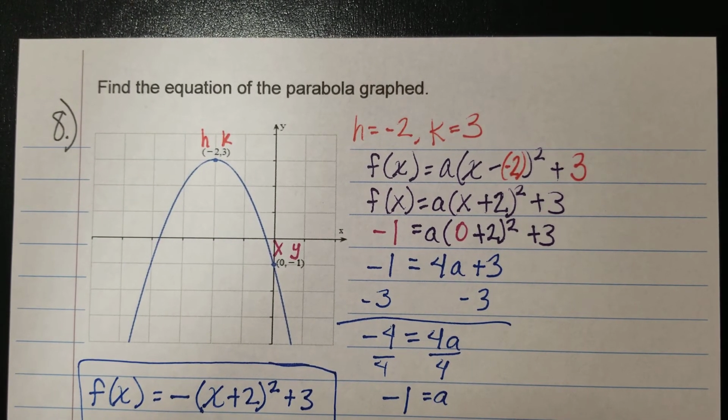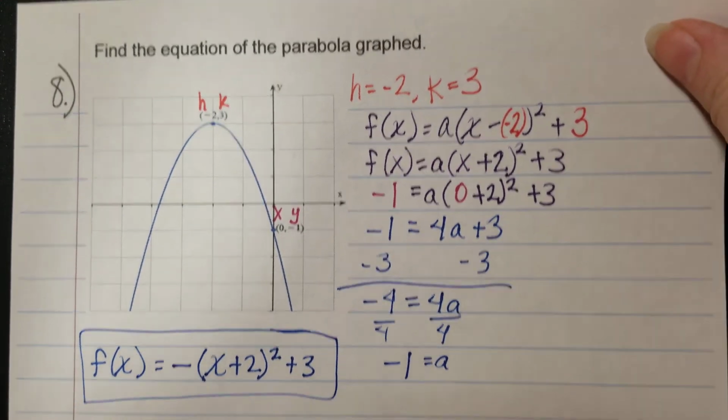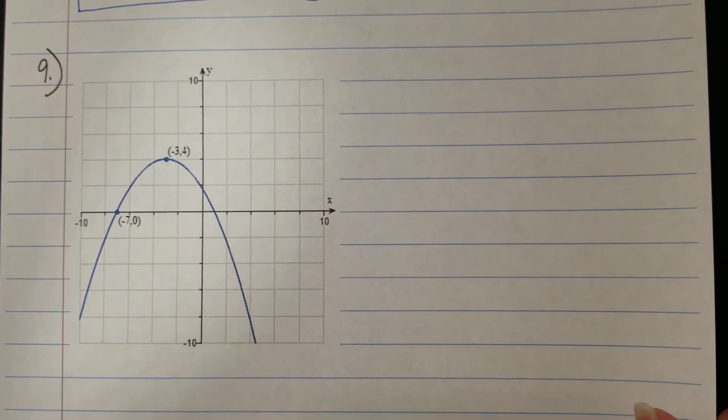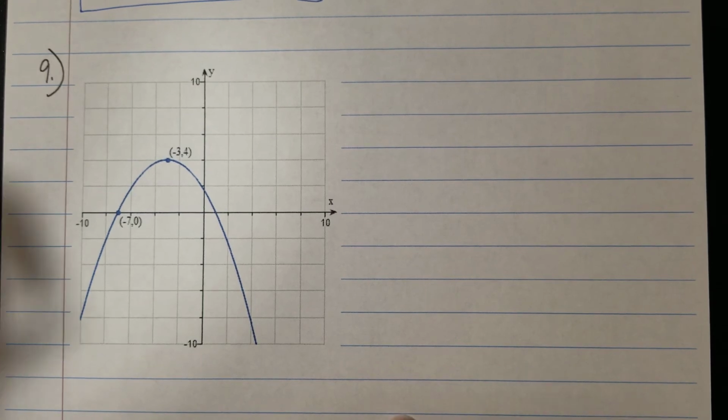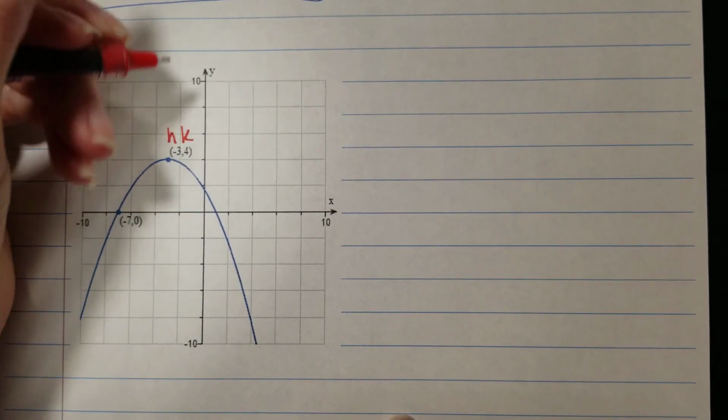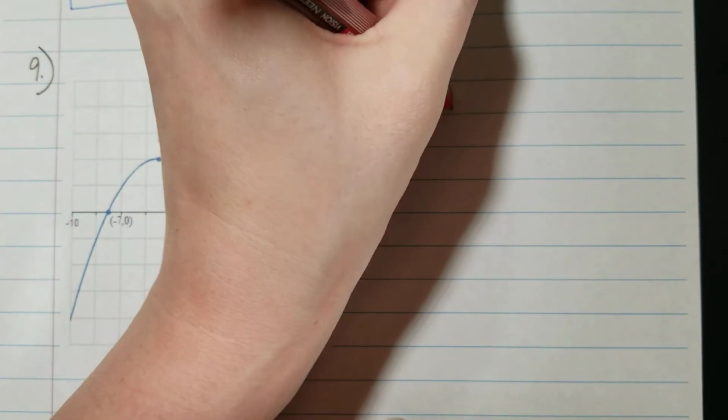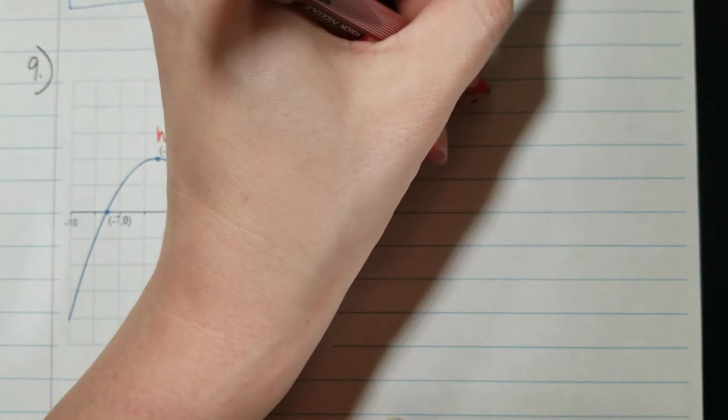Alrighty. All right, and same thing here. So there's my h and my k. H is -3. K is 4.